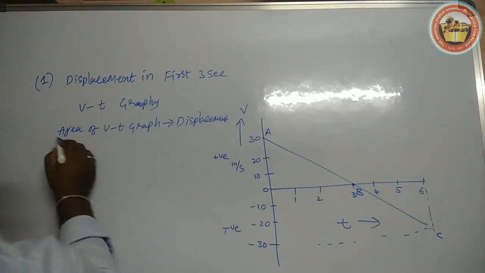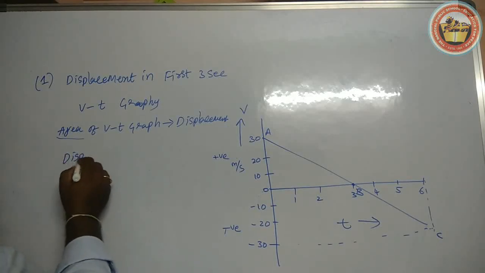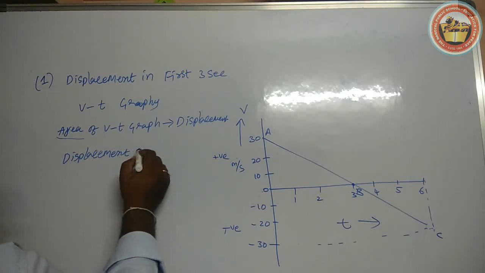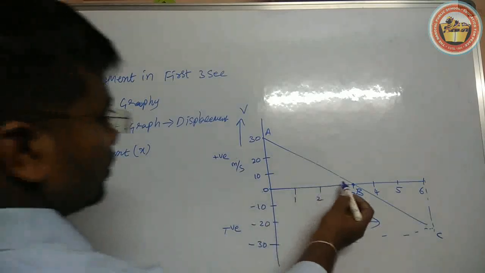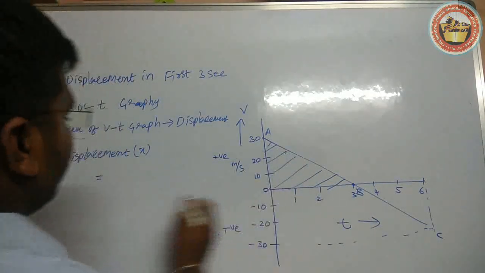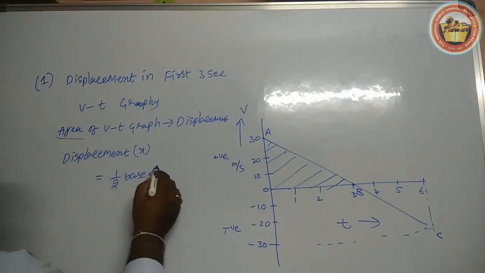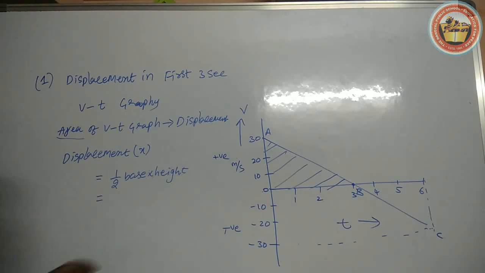The area of the VT graph is the displacement, x equals, what is the formula? This area is one half base into height. This looks like a triangle, so half b into h.